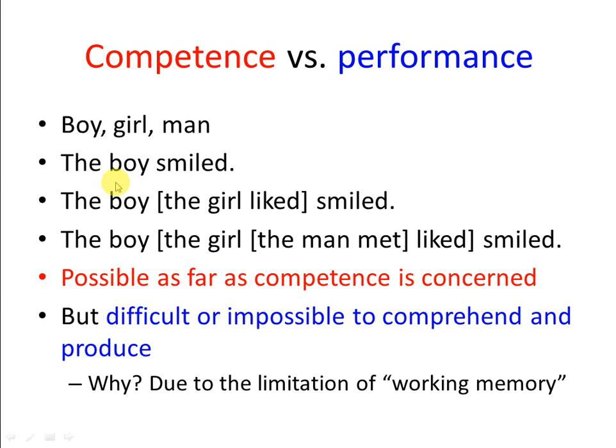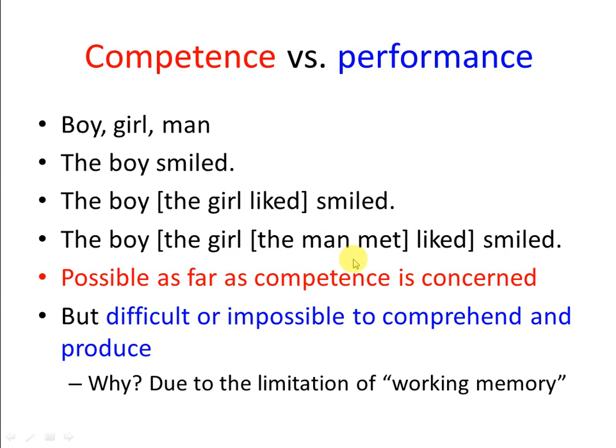And we can also say the boy the girl liked smiled. So this girl liked the boy, and that boy the girl liked, he smiled. And what about this one? The boy the girl the man met liked smiled. Very complicated, isn't it? But this is actually grammatical.